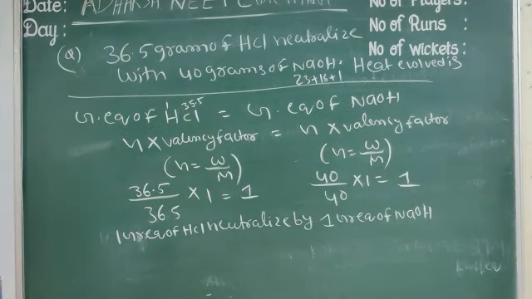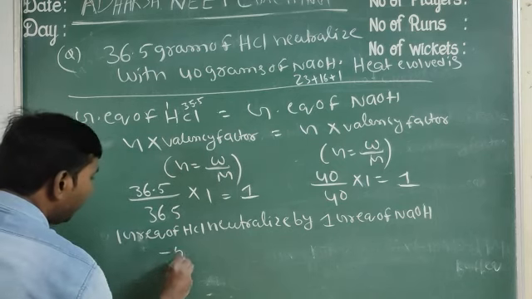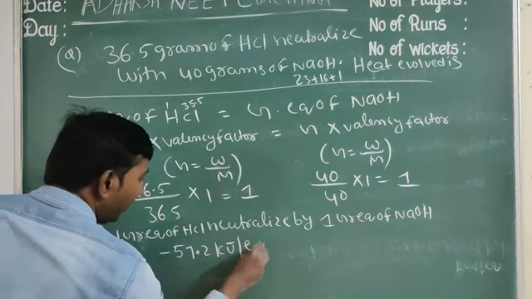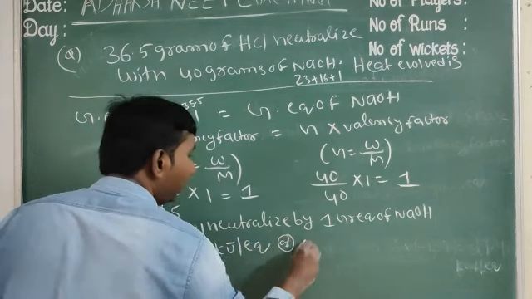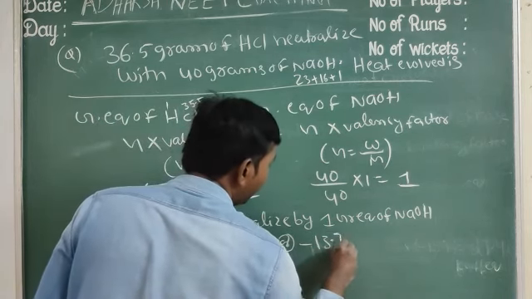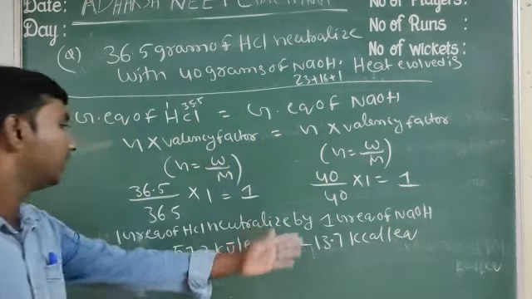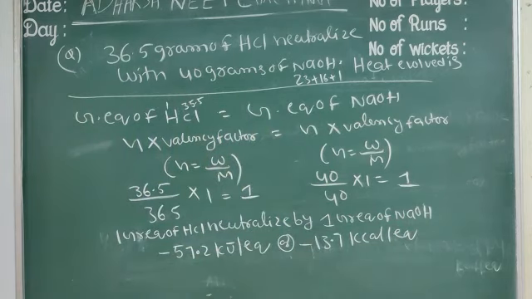So for 1 gram equivalent, the heat in kilojoules is minus 57.2 kilojoules per equivalent, or minus 13.7 kilocalories per equivalent. This is the answer. Okay, now.